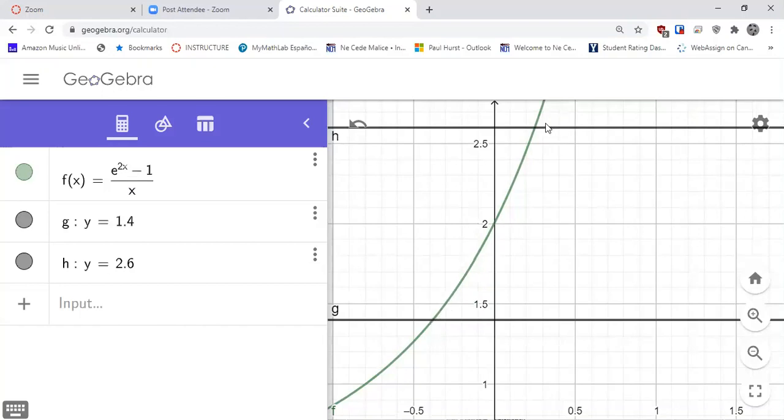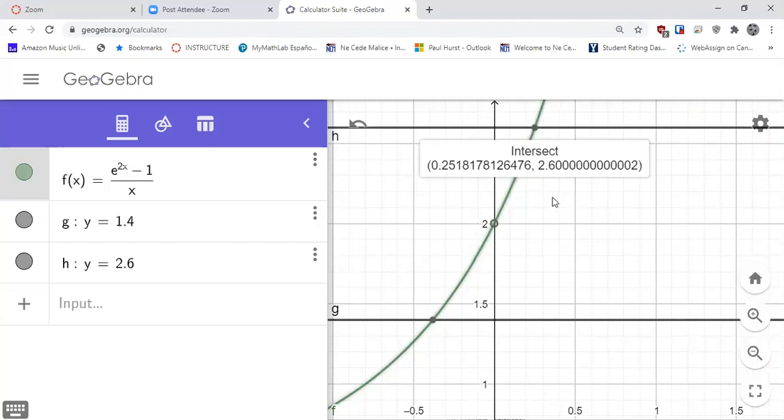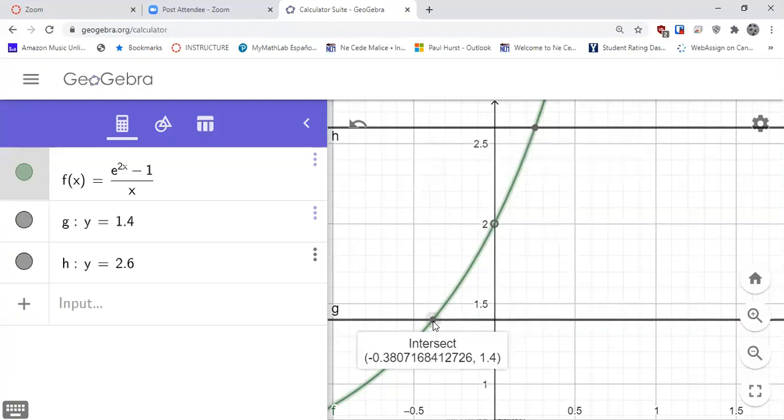If I look here, I can see that it intersects this 2.6 at 0.2518. So 0.252, they want us to round to 3 decimal places. And this one right here is negative 0.381.